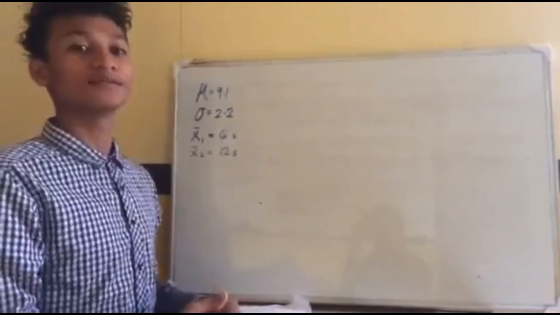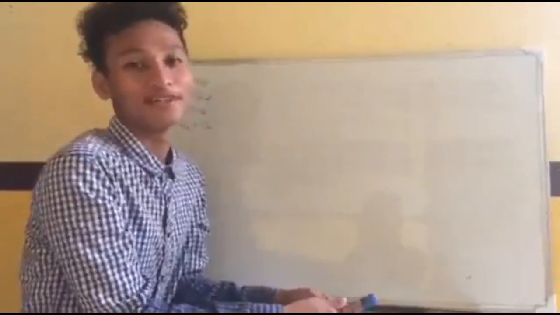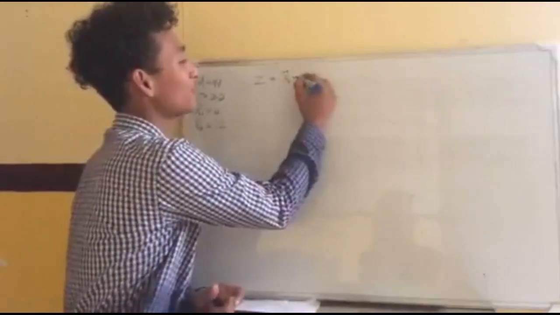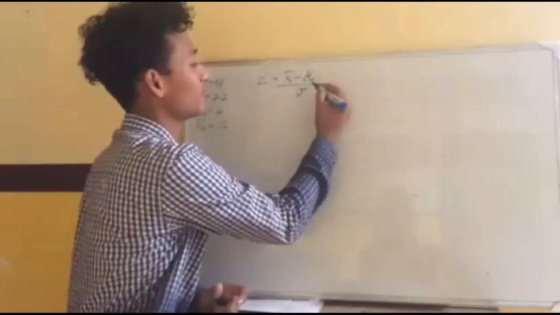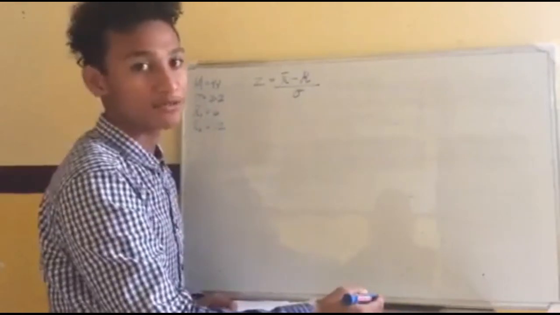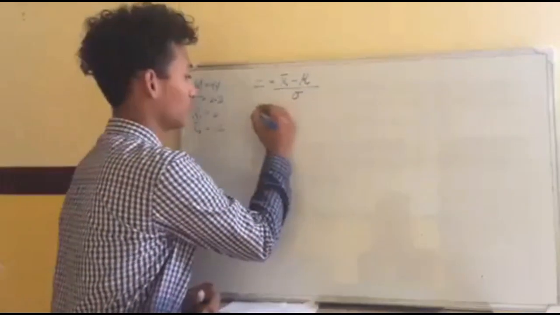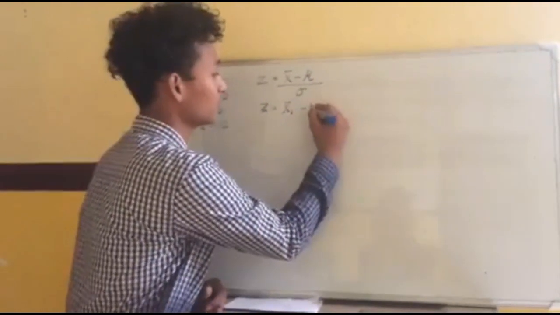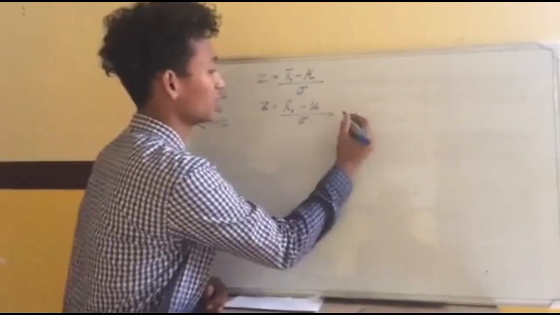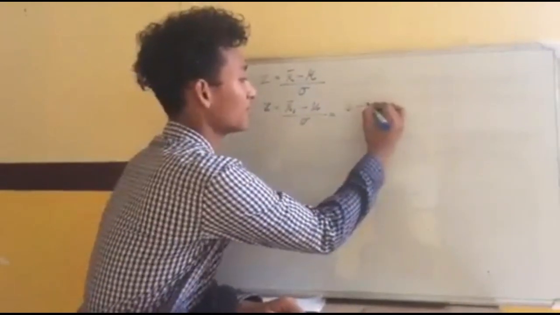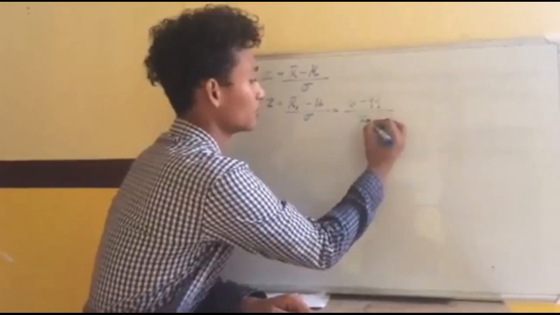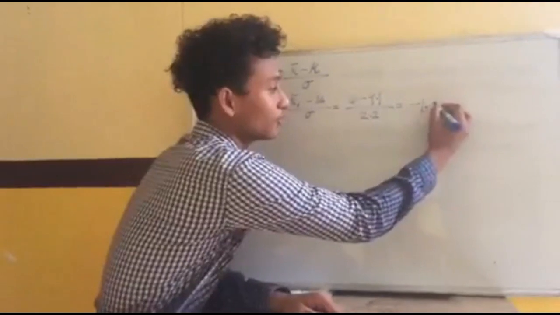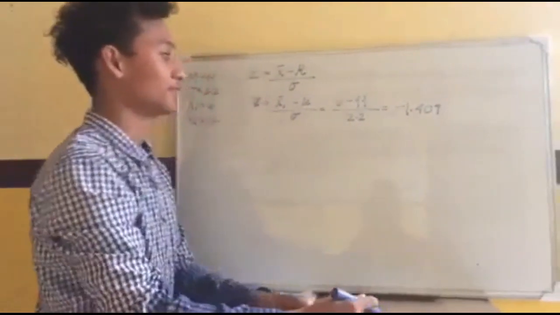After putting the given, we can start solving. So the formula of the normal distribution would be z is equal to the sample value minus the mean over the standard deviation. By substituting the values, z is equal to the sample value 1 minus the mean over the standard deviation, which is equal to 6 minus 9.1 over 2.2, and is equal to negative 1.409.